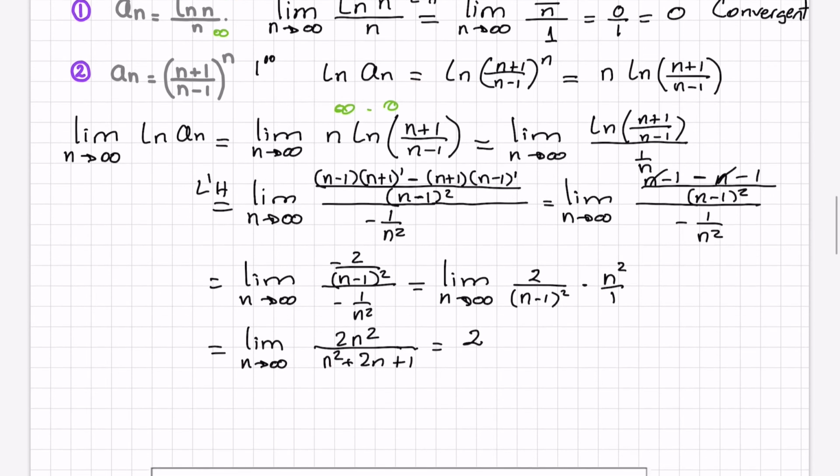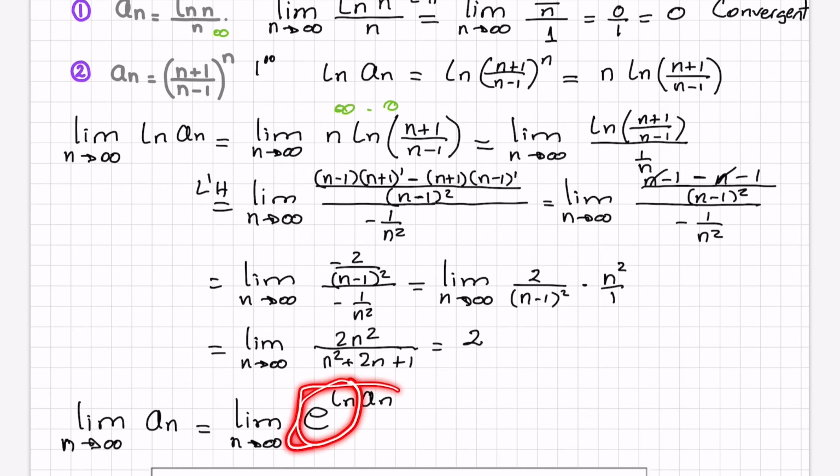So what we really do is take the limit as n approaches infinity of a sub n. What we're going to do is rewrite it as the limit as n approaches infinity of e to the ln of an. Because remember, these are inverse functions, so this is exactly that, right?